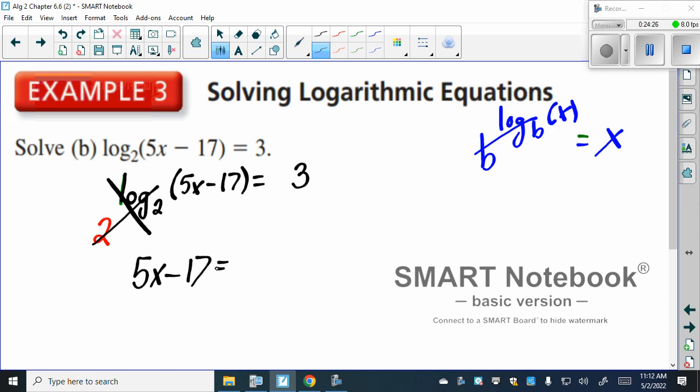But what we do to one side, we have to do to the other. So on the other side, we're going to have 2 to the third. Well, luckily, we can type 2 to the third power in the calculator, or we can do it by hand. 2 times 2 is 4, times 2 is 8.